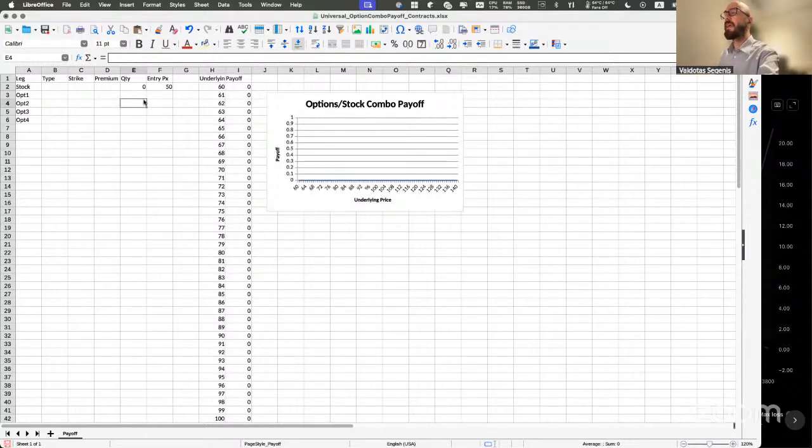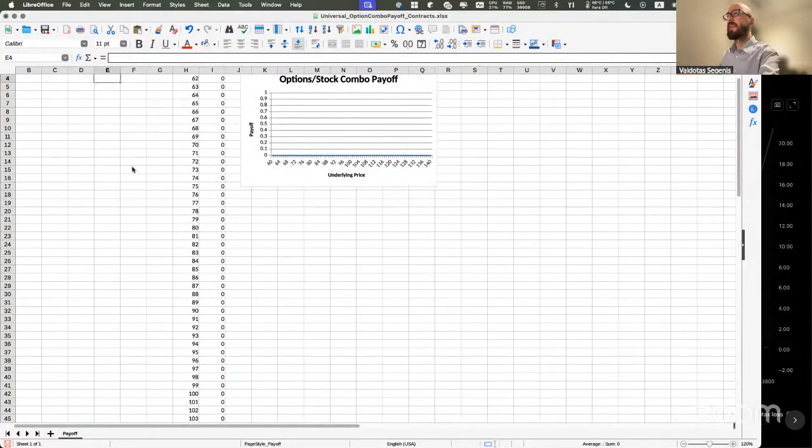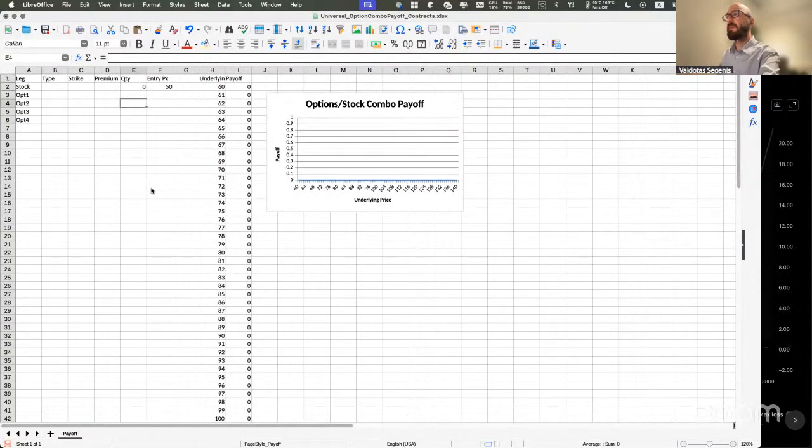So let's create what's called a synthetic long position. The synthetic long position is basically just buying a call and selling a put. Let's see what happens. We buy a call, let's say at the same 50 strike. Let's say for that call we pay $2, and we buy one call.